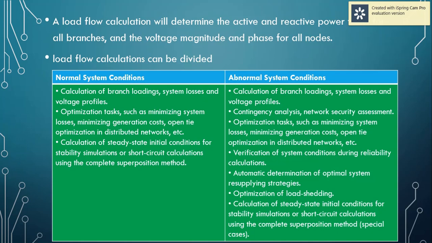In normal system condition, we know how much the generator is going to dispatch and the load demand, so it's very easy for the software to perform load flow analysis. When it comes to the abnormal system condition, it's very hard to assume all the parameters are constant.